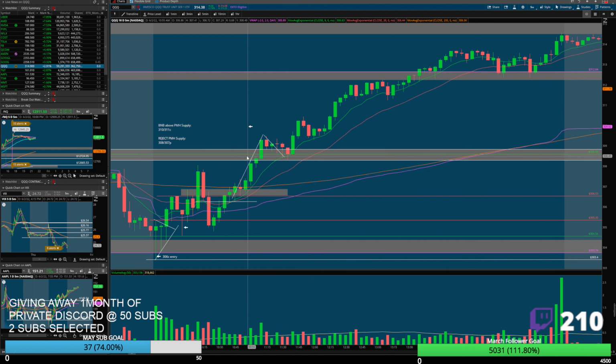The break of the pre-market high, and then the base aligned with the 5-minute 9 and 20 EMA also was the first pullback on this rip up. Rip up, rip up, rip up, first true pullback. So that's 3 confirmations.